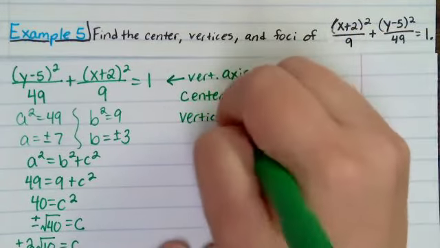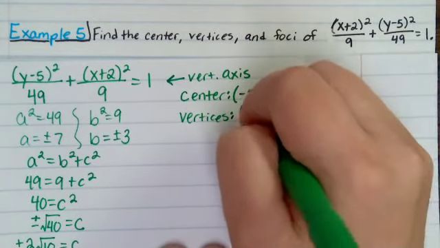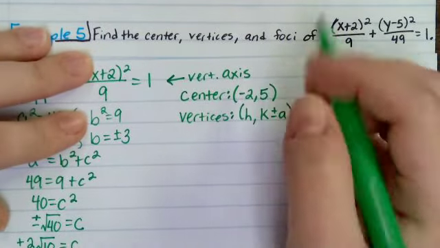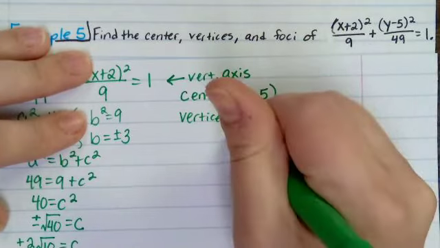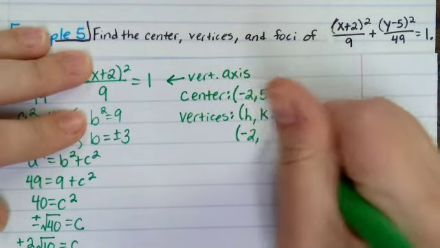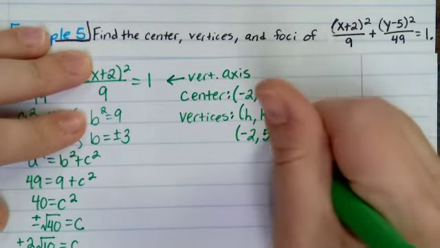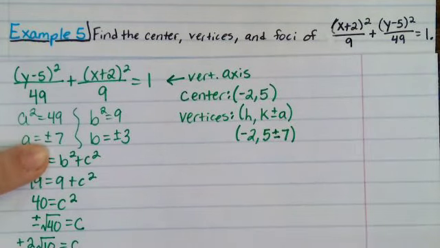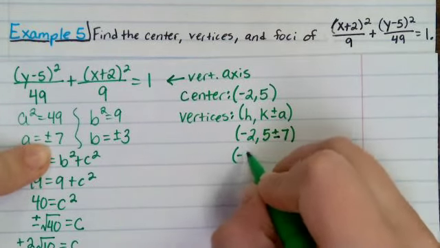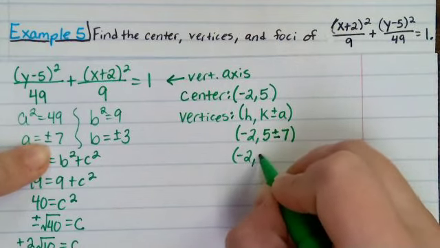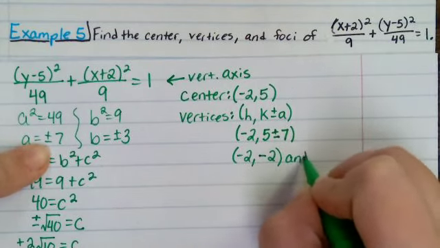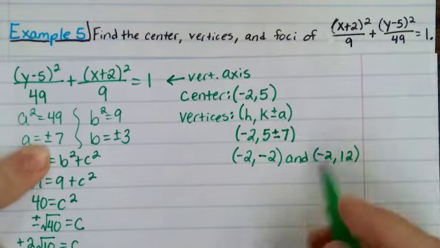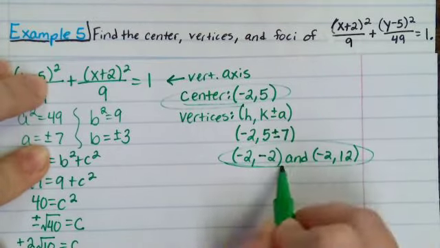So if I've got H and K here, H is -2, K was 5, plus or minus 7 is what A had been. So I should be able to get my two vertices this way. -2 and then 5 minus 7 is -2. And then our other one is -2, 5 plus 7, which is 12. So we had our center, we've got our vertices.